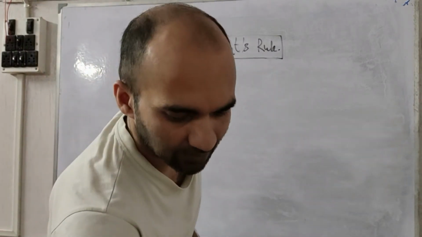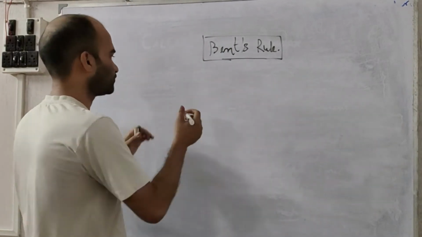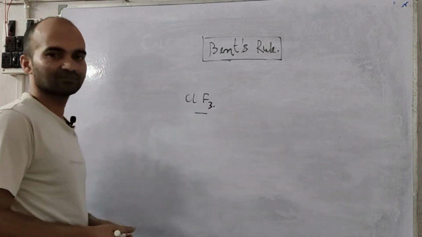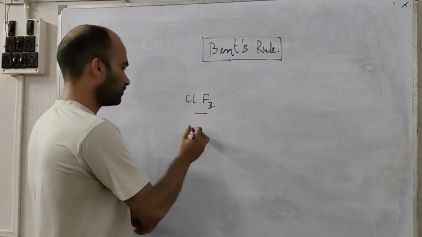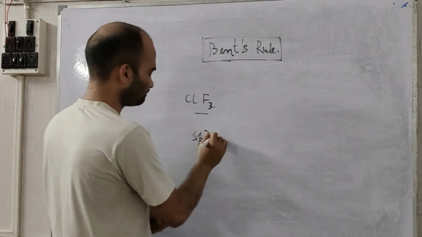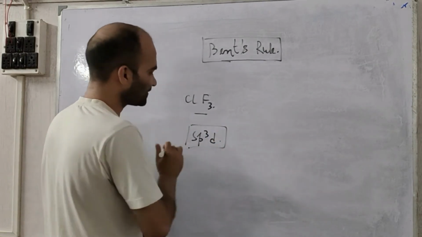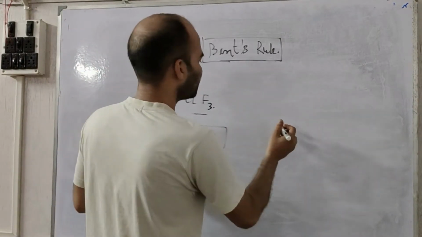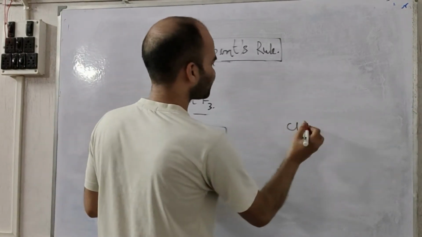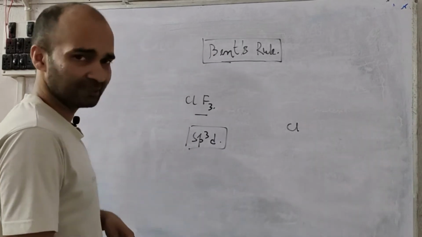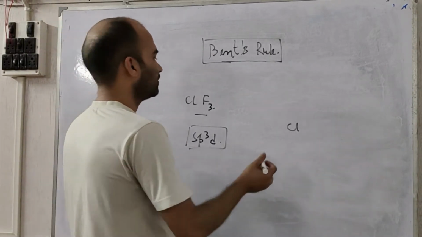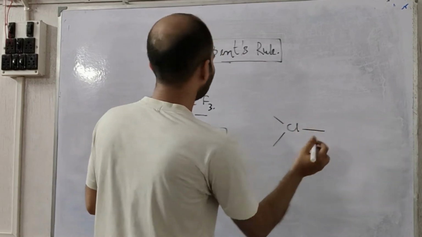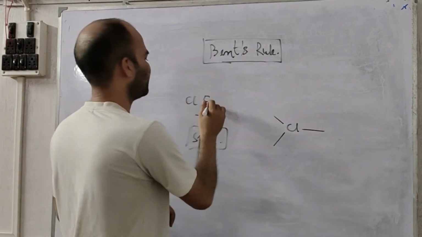Let's take an example first, say ClF3. This is a molecule where the hybridization is sp3d. Now if we draw the structure of ClF3, I said, okay, we take it ClF4 actually.